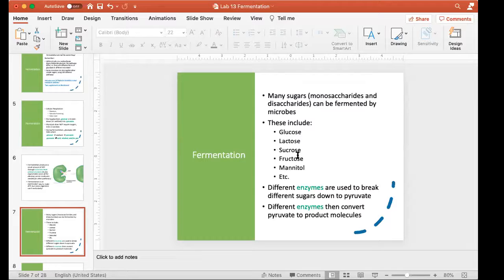So the organism has to have the ability to break apart this other carbohydrate to get glucose out of it. You have to have the enzyme in order to do that. So we can test organisms to see if they can break or ferment these other sugars to get to the glucose that they can then send through their fermentation pathway.